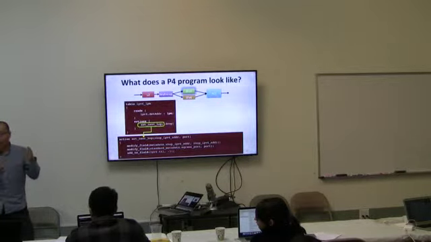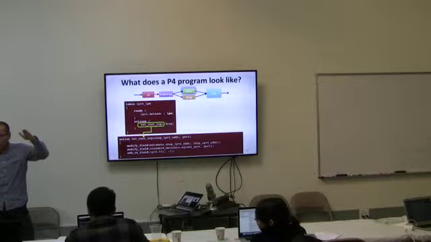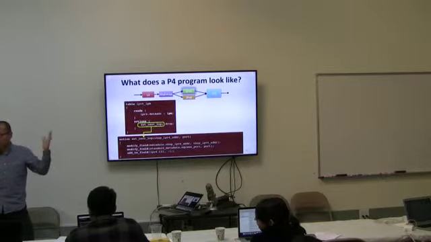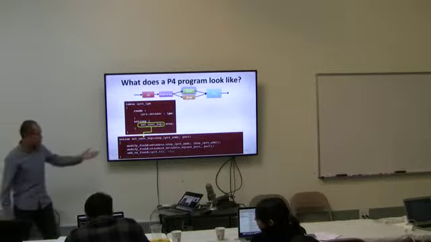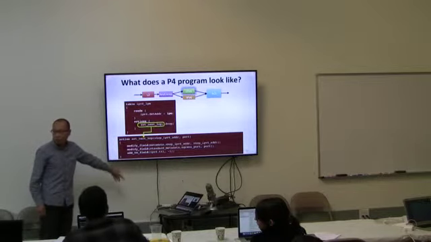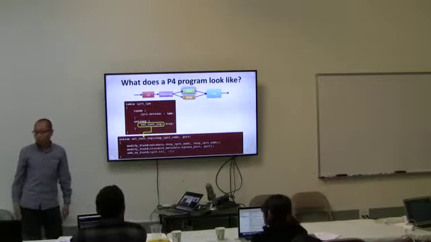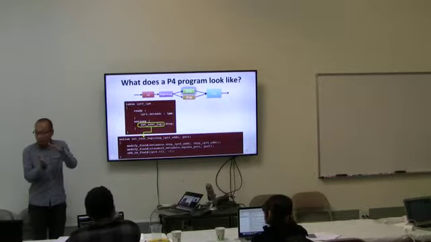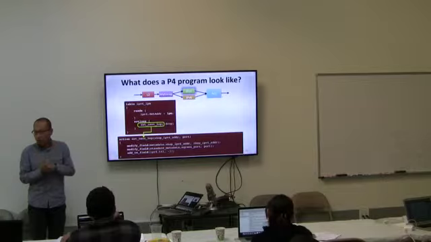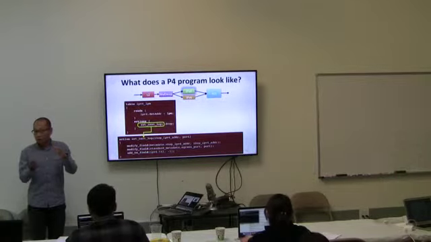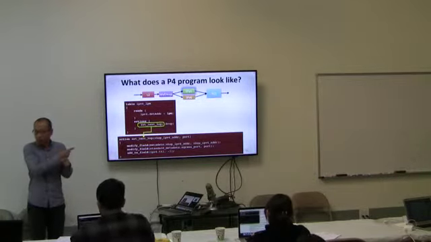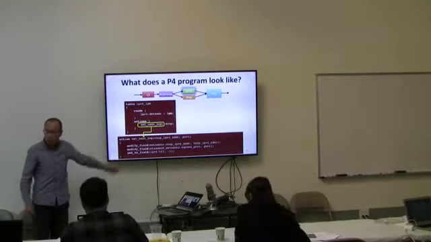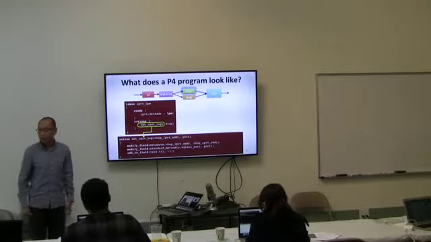If the target can support a very long or arbitrary depth of dependency chain, it may not complain. For example, a software router can do any depth of dependency, it's just too slow. Whereas a hardware target will probably have a certain limit on the dependency chain. Then its compiler will detect that problem, and if you happen to violate it in your definition, it will give you a compile time error.